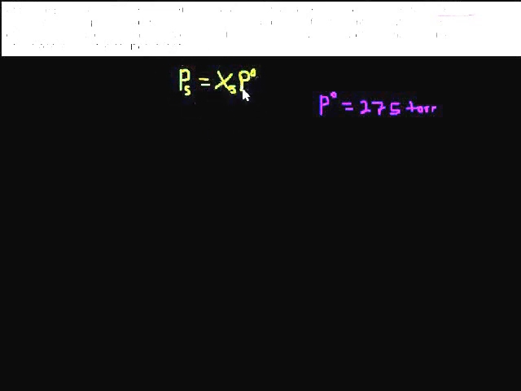It doesn't have the van 't Hoff factor in here. Ethylene glycol has a weight of 62 grams per mole. Assume Raoult's law is obeyed, i.e. the solution is ideal.